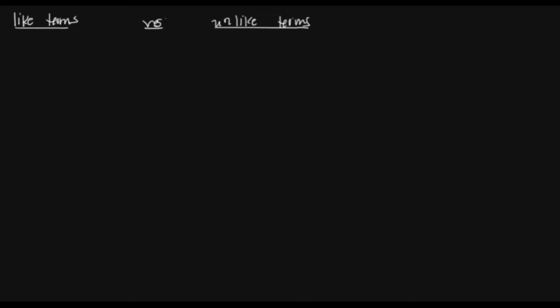Okay, now the first thing that we need to have for expressions to qualify to be like terms, number one, they should have the same letters. Then the other point is they should be raised to the same power.